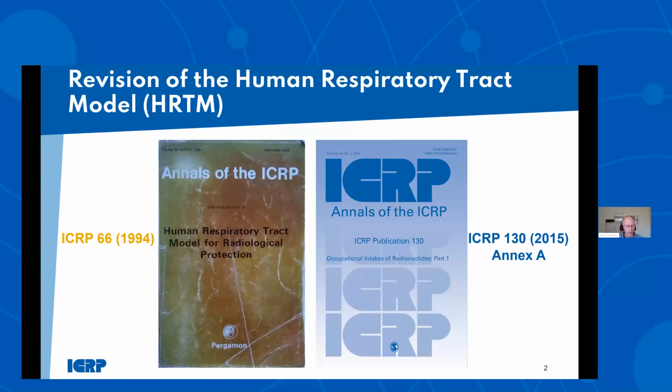The revision is to take account of new information which has accumulated since its publication in 1994, although I think the main features of the model are unchanged. The revised model has been used already in the OIR series and is being used now for members of the public in the EIR series.